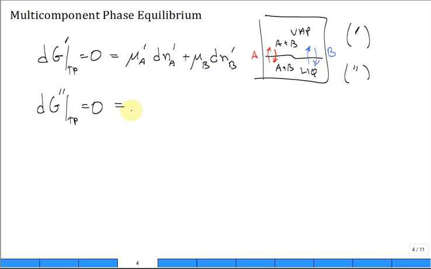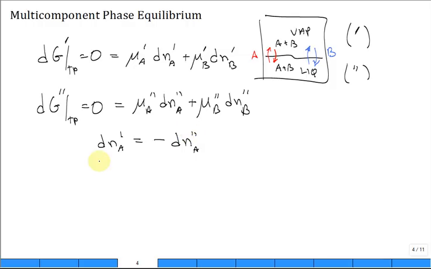Likewise, mu of A double prime dn_A double prime plus mu of B double prime, I left the prime off here, times dn_B double prime. And the 2 phases aren't independent, so if you're changing the amount of A in one phase, it's equal and opposite to the amount of A in the other phase.